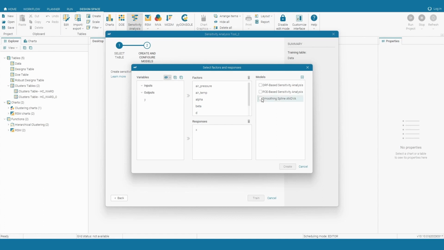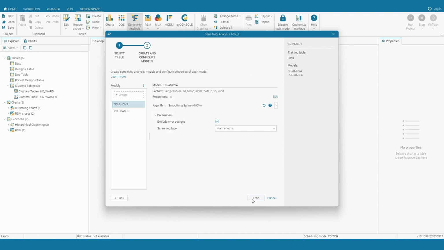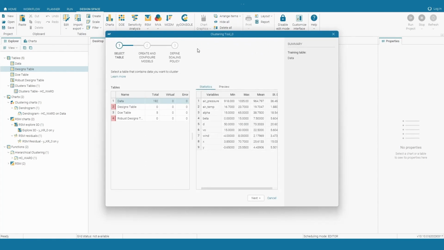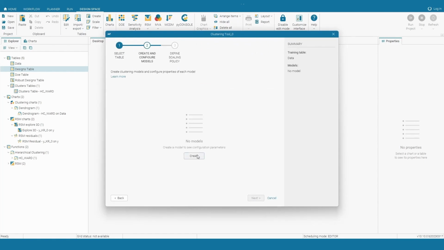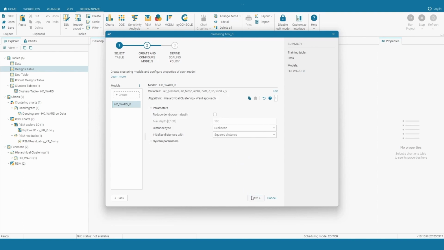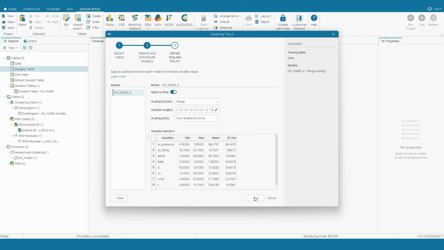The sensitivity analysis tool is very powerful because it helps you to reduce the size of the problem by exploiting the correlation between inputs and outputs. The clustering tool, at the same time, is very powerful because it lets you group similar data in similar groups so that you can understand the relationships between the different groups and take advantage of this in the information that you get at the end of the optimization run.